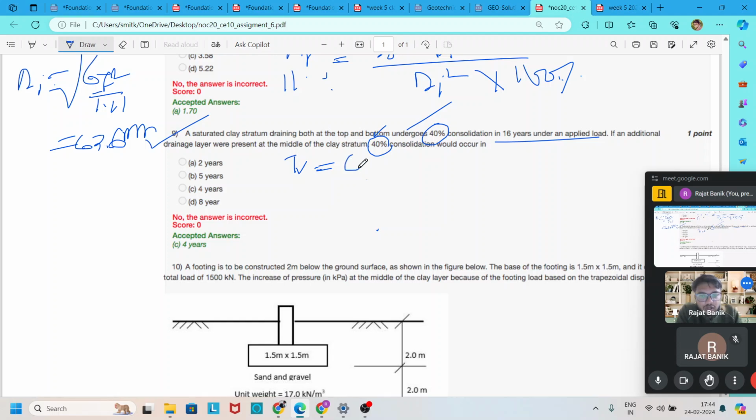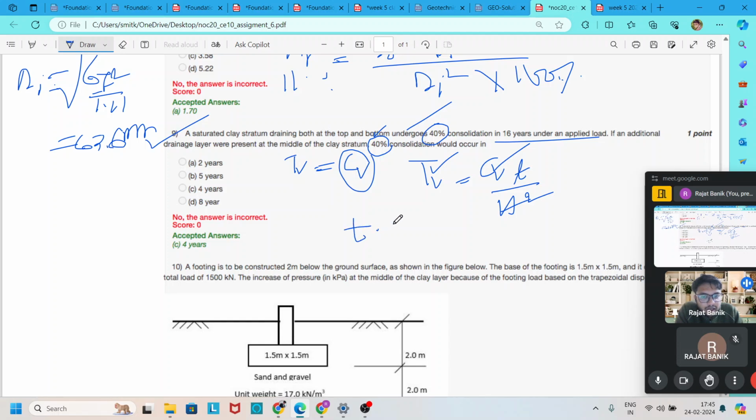It is also the same soil used, so our coefficient of consolidation is also the same constant. You know that Tv is equal to Cv into t, time, divided by the drainage layer thickness square. So in our case, Tv is the same because the consolidation is the same, and Cv is the same because the soil is also the same.